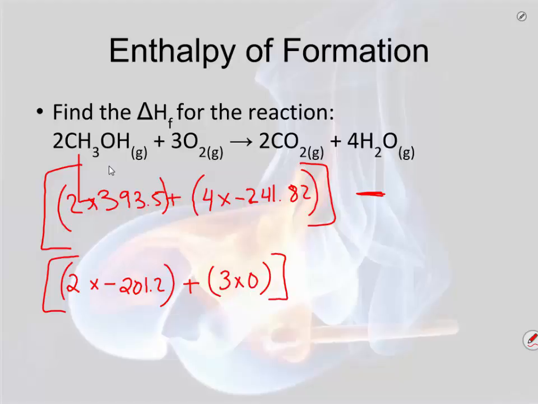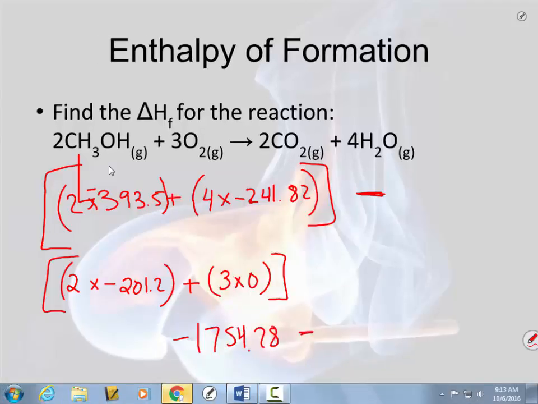So 2 times negative 393.5 plus 4 times negative 241.82. So I get negative 1,754.28.